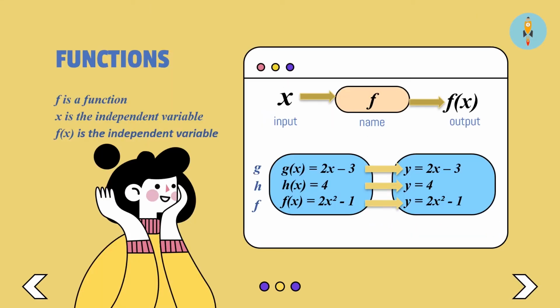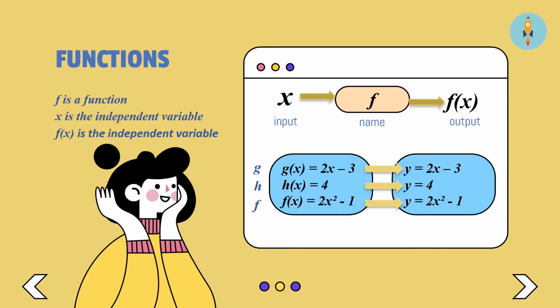The f of x notation is also used to define a function. If f is a function, x is every element in the domain of the function and serves as the independent variable. The symbol f(x), read as f of x, denotes the value of function f at a given value of x.